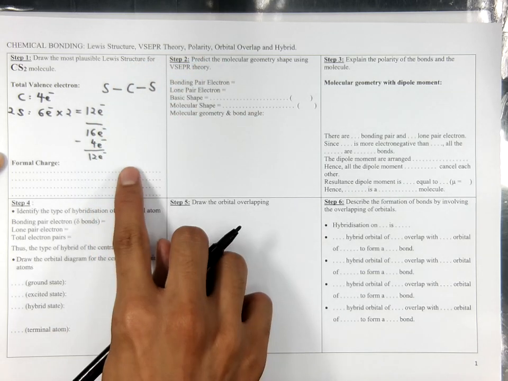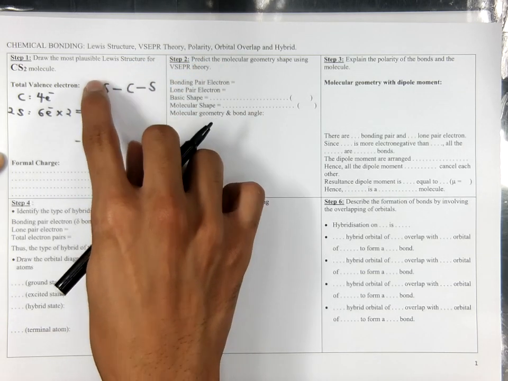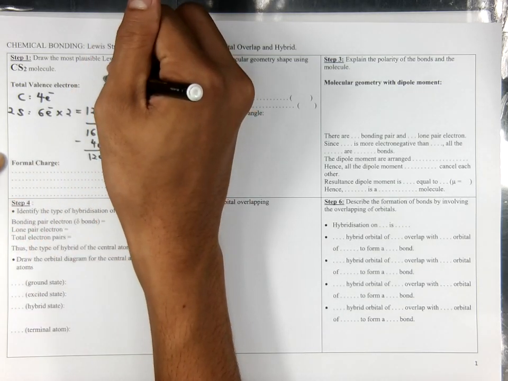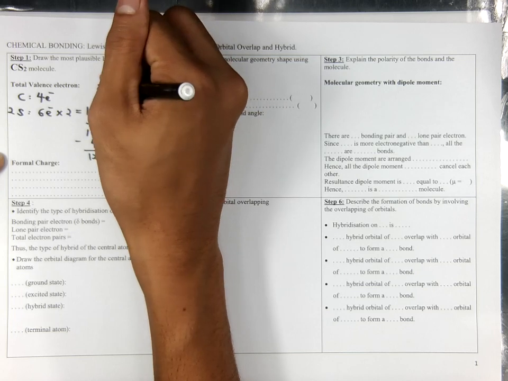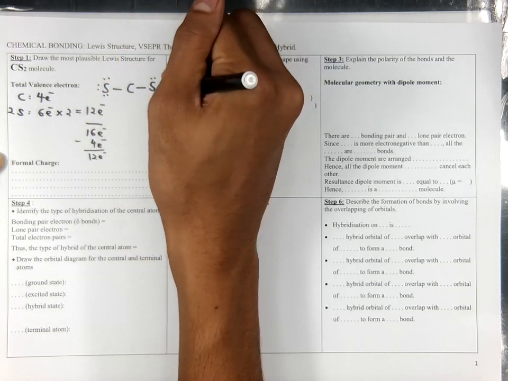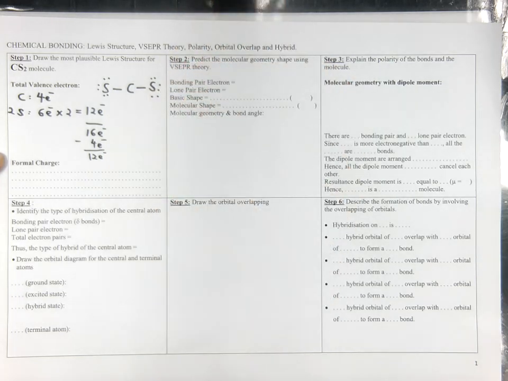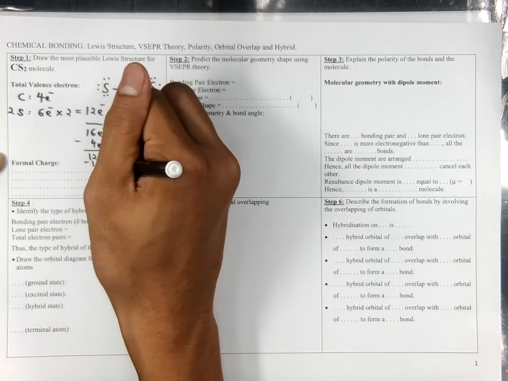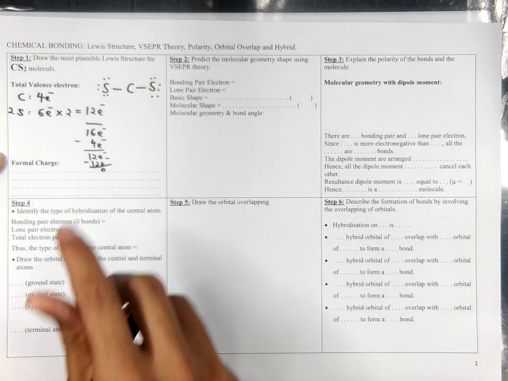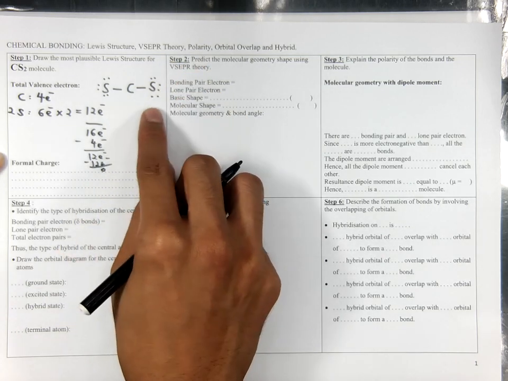The 12 electrons will be used to fill up the terminal atoms so that they are octet. So let's do that. 1, 2, 3, 4, 5, 6. 1, 2, 3, 4, 5, 6. So I've used up all the 12 electrons and there's no balance left. However, as you can see here, the structure is not octet.